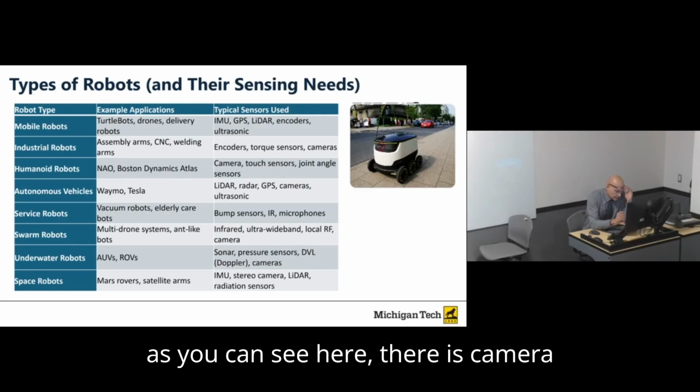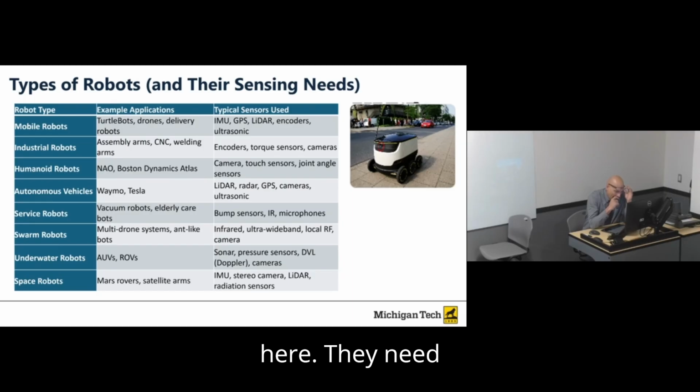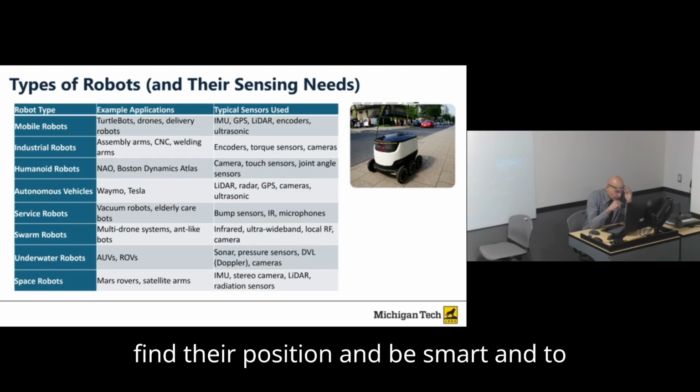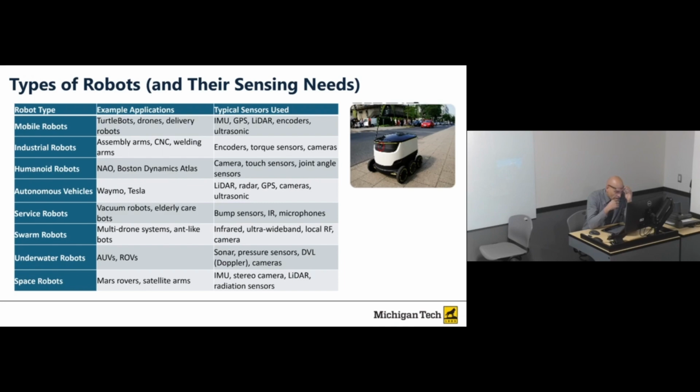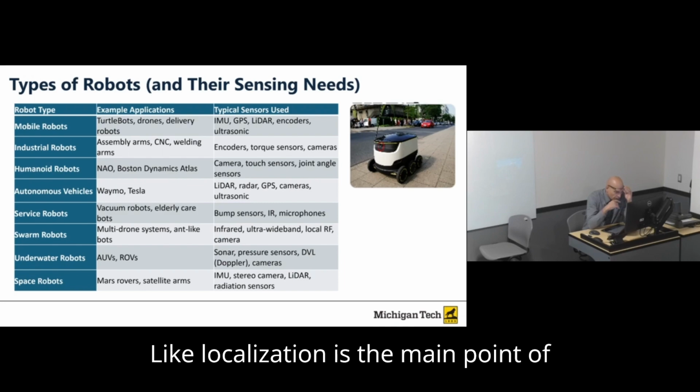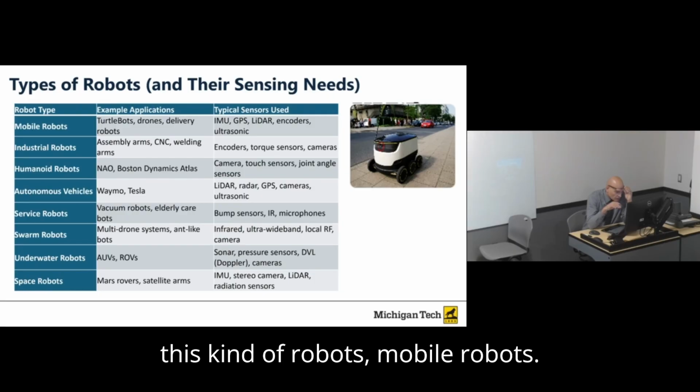As you can see here, there is a camera here. They need sources of these sensors to find their position and be smart and to find the destination in the best way. Localization is the main point of this kind of robots, mobile robots.